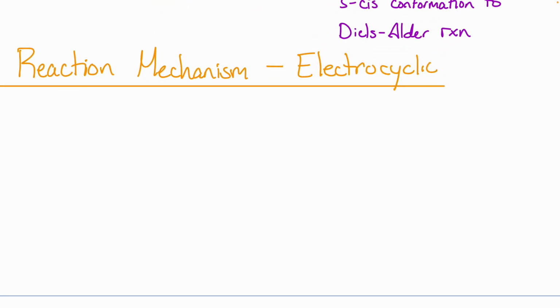Okay, so again, let's take our S-cis molecule, or S-cis diene. We're going to line it up in such a way that's going to make it a little bit easier to see what our products are. And then we're going to take our dienophile.